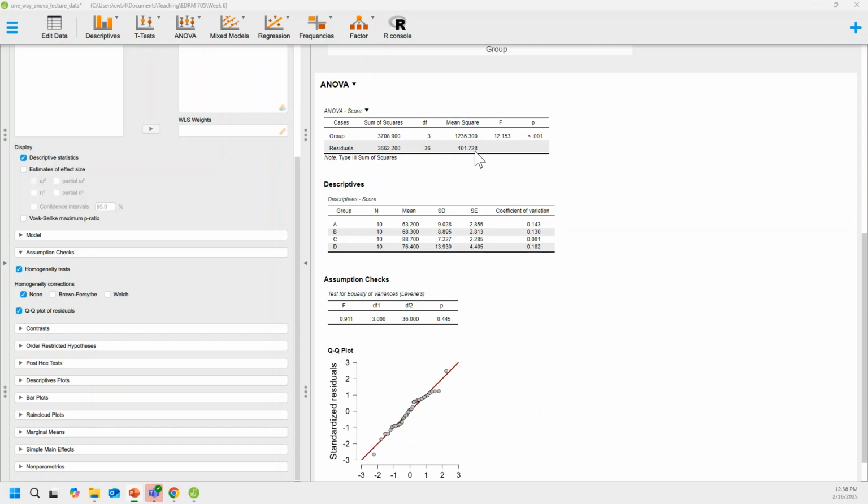So this chart shows us how we're building up to get our F statistic. That means sum of squares between divided by the degrees of freedom between, which is 3. Remember, it's number of groups minus 1. So 4 groups, A, B, C, D, minus 1 is 3. If I divide those two, I get that.